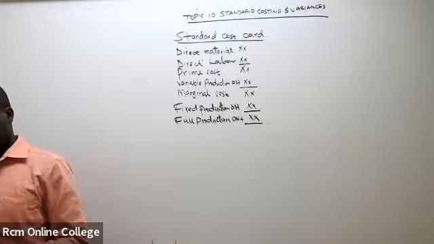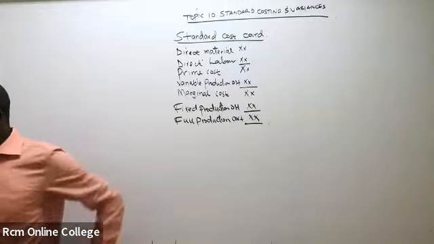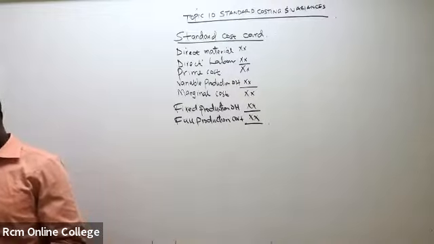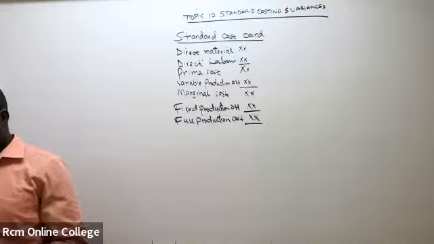Is it August 2022, May 2022? There's one where you are required to come up with a standard cost card. It should be April 2022. Let's see what is there under April 2022. Are we able to see something there?